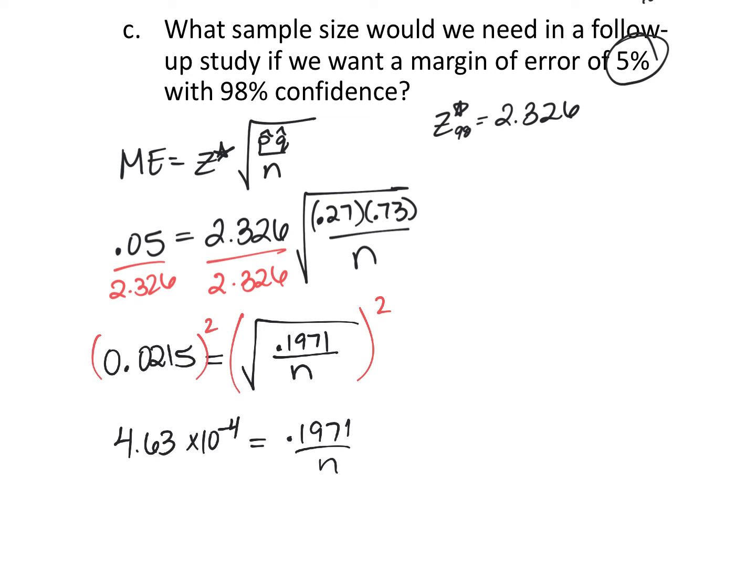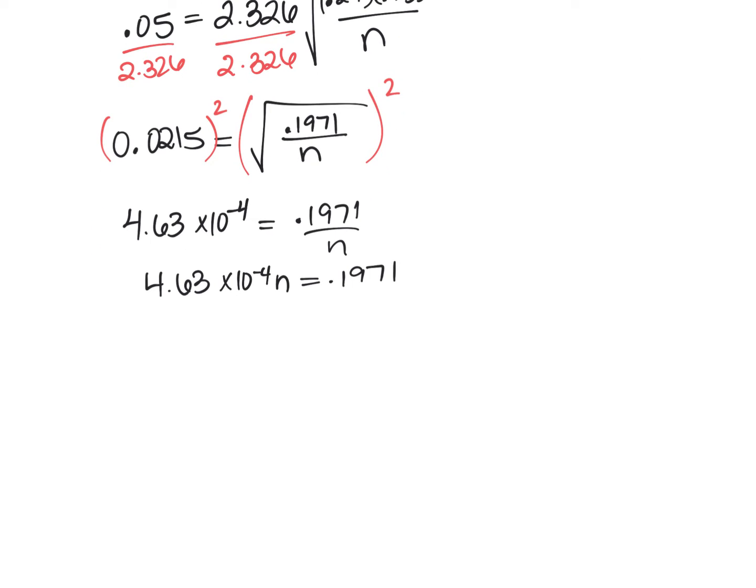Leave it in your calculator. Don't round it yet. And then we multiply by n, so we have to times both sides by n to get it out of the denominator. And then divide by 4.63 times 10 to the negative 4.